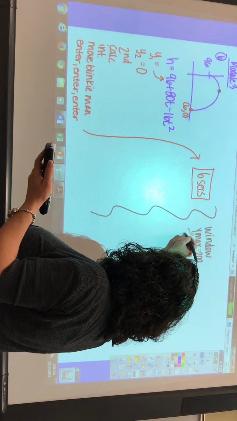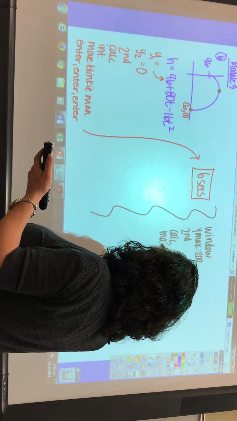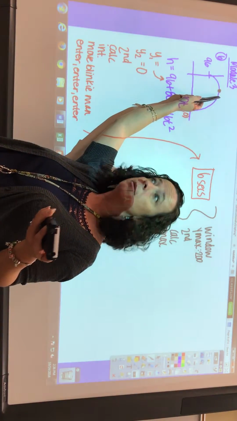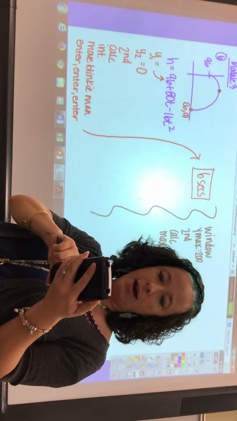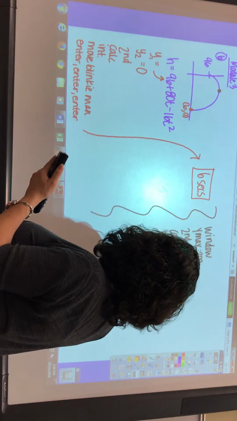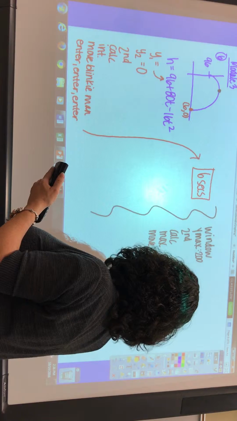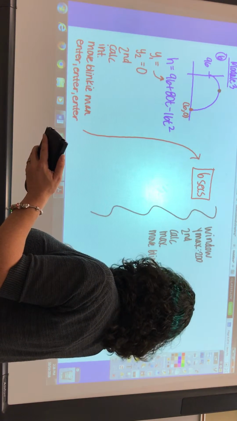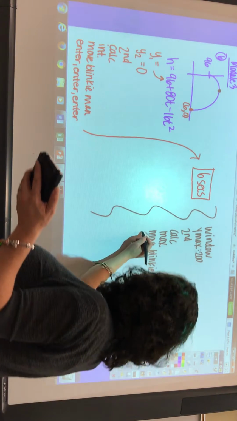And now I go second, calc, what? We're finding this maximum, because it asks for the maximum height. Yes, number 4. So second, calc, 4. I move Blinky Man to the left of that highest point. You should understand those steps. I don't want to have to keep writing them out. You move Blinky Man to the left and hit enter.